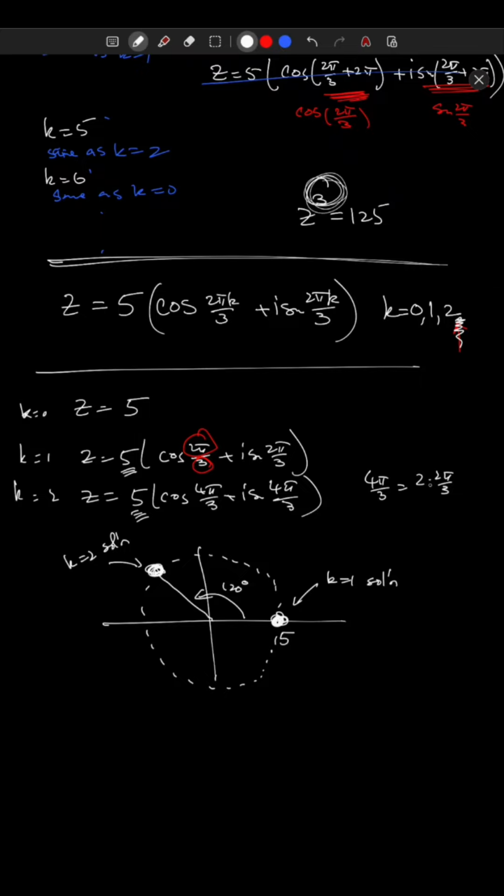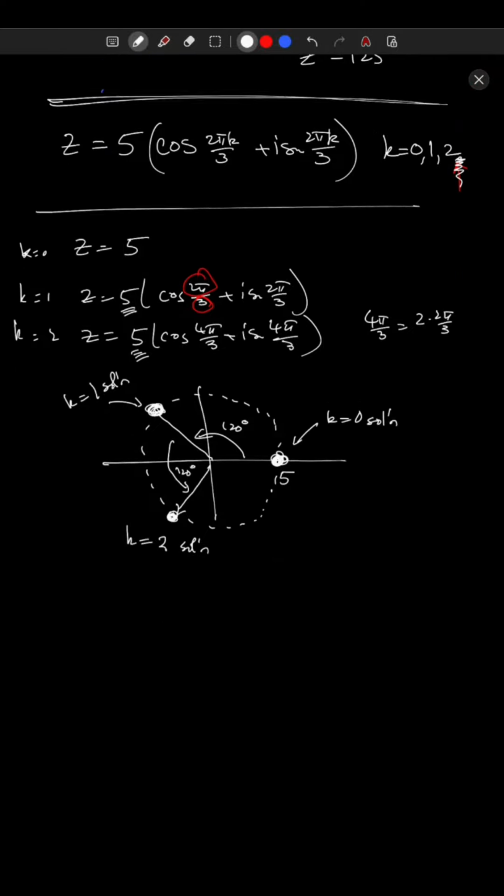And now 2 of them, so I'm going around 120 degrees and another 120 degrees. That's k equals 0, that's k equals 1, and this one is k equals 2. So this one is 120 and then another 120 gives me 4 pi over 3.